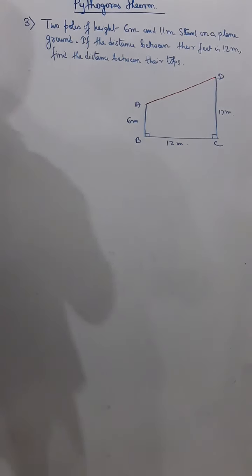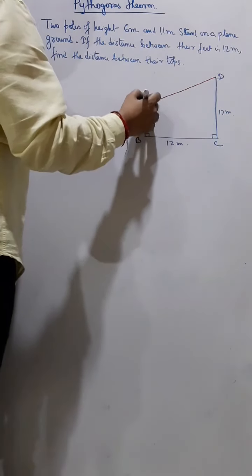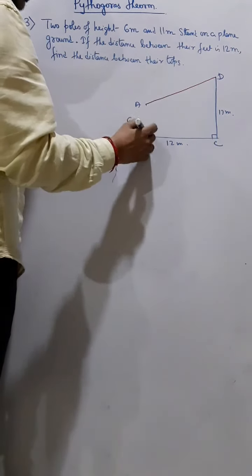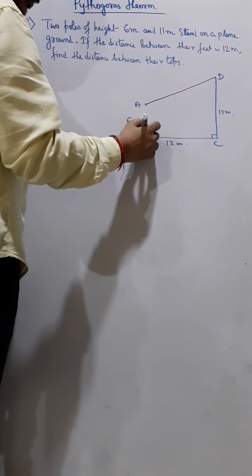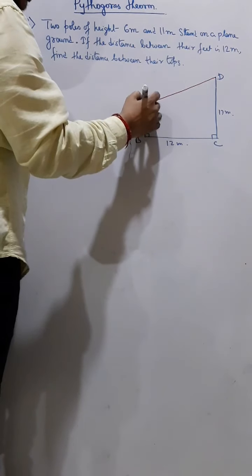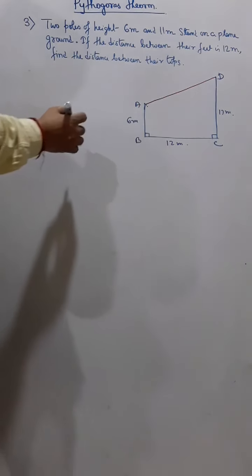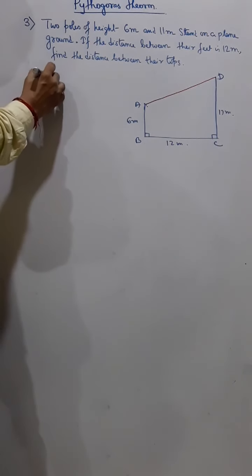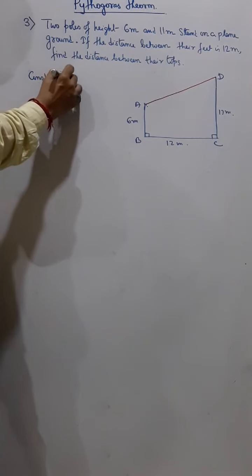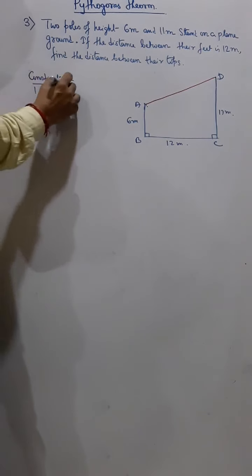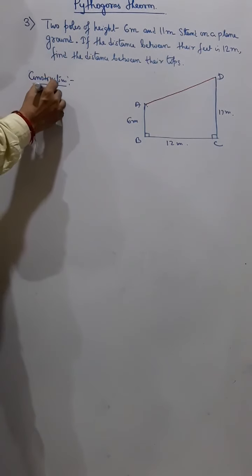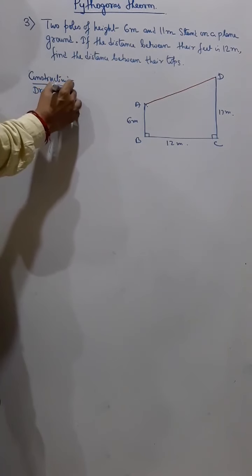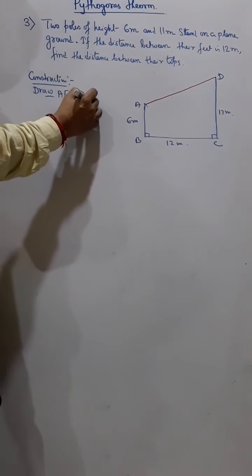You have to just draw some construction. So we can say construction. Draw AE perpendicular to CD.